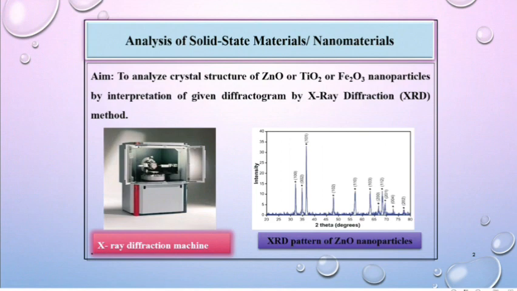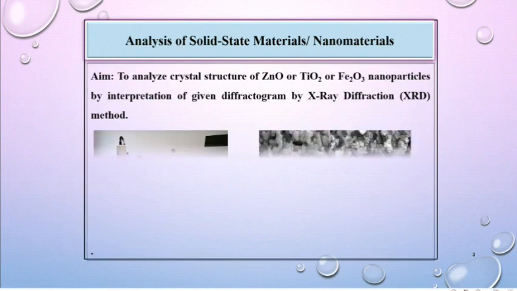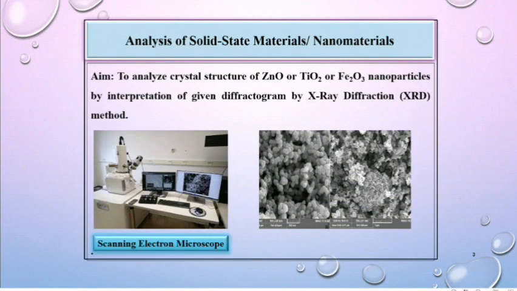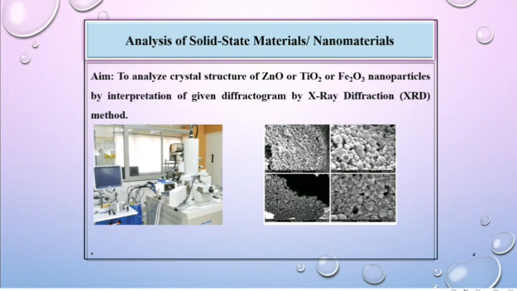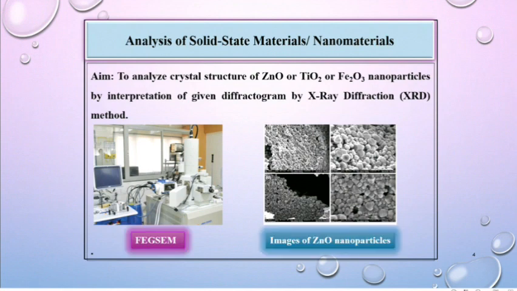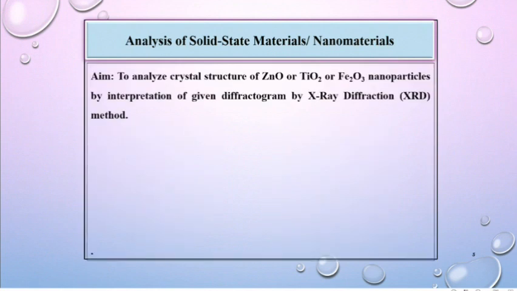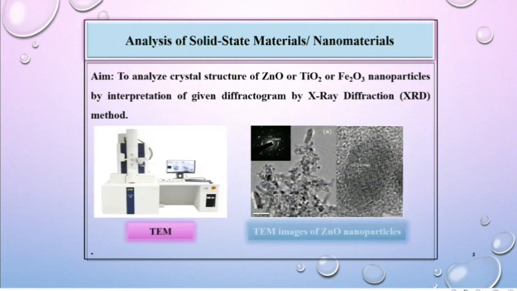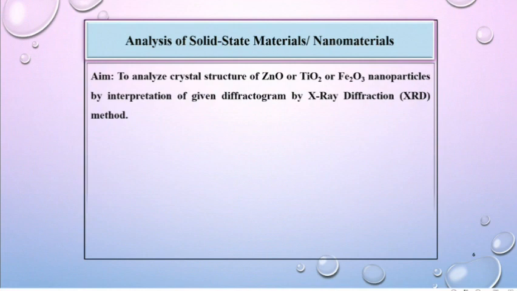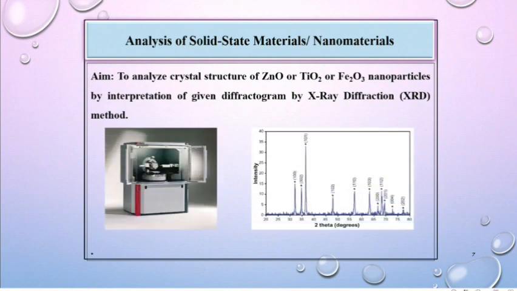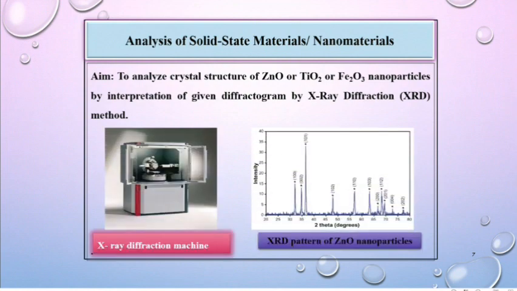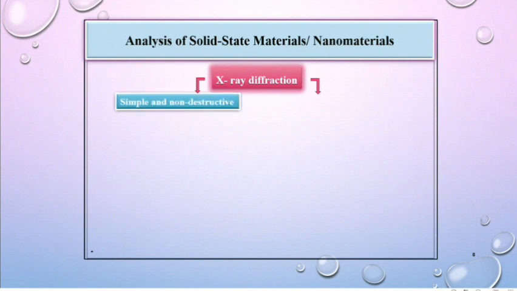Few of them are scanning electron microscope, field emission gun scanning electron microscope, transmission electron microscope, scanning tunneling electron microscope, etc. Among these, XRD is a very simple and non-destructive technique, requiring only a very small amount of the sample.